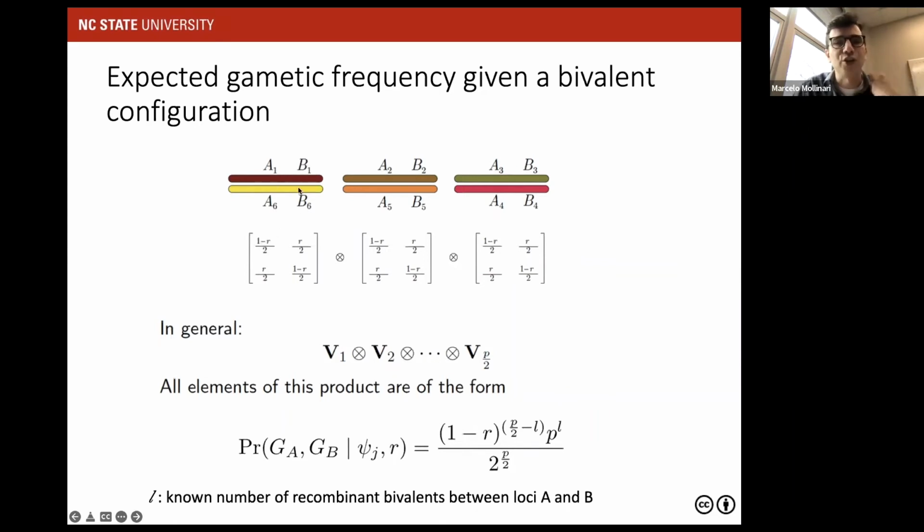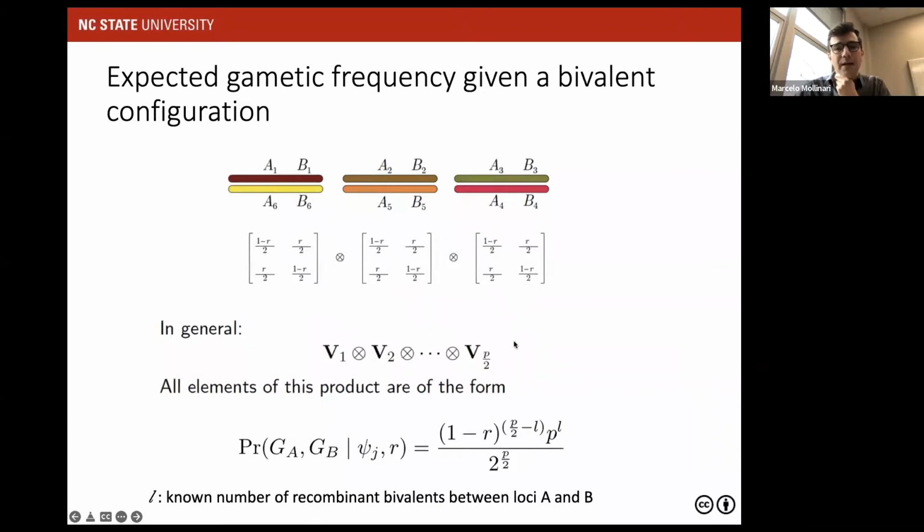using their recombination, just like using the mindset of a backcross, right? So we will have the recombinant gametes and the non-recombinant gametes. We can model using this matrix here. This is a very popular matrix in genetics. And what we can do is combine each one of these matrices using something we call the Kronecker product.